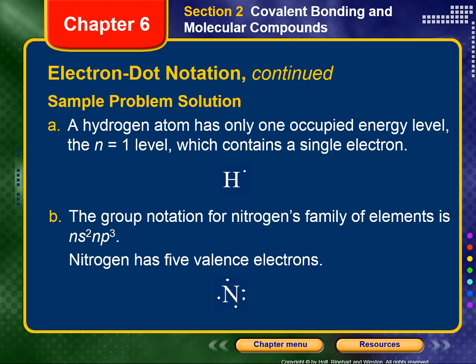Therefore, the electron dot notation for hydrogen is written as shown on the screen now. Solution for B. The group notation for nitrogen's family of elements is ns2, np3, which indicates that nitrogen has 5 valence electrons. Therefore, the electron dot notation for nitrogen is written as shown on the screen now.